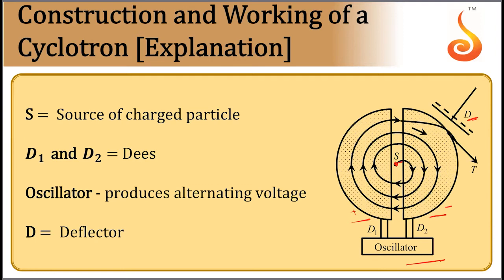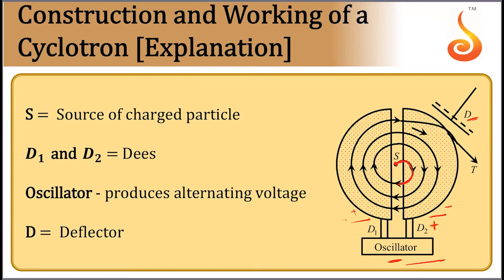As soon as it starts entering, there is a magnetic field in the direction perpendicular to the plane of the board. Because of that, it takes a curved path. The frequency of this oscillator is set such that it matches the frequency of revolution of the particle. When it completes half a revolution inside and comes out, the polarities are reversed.